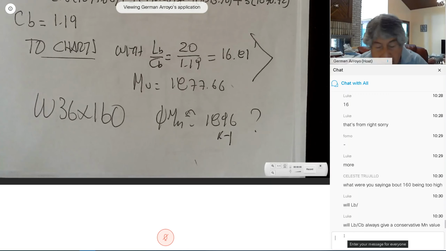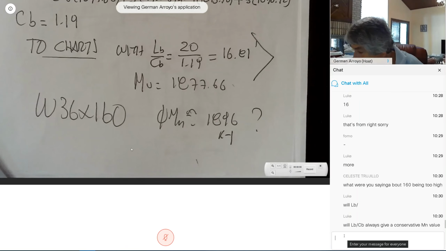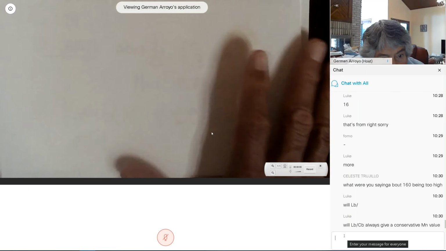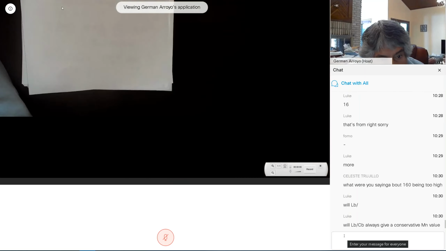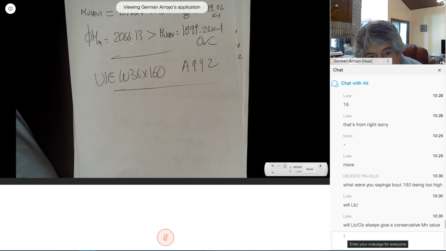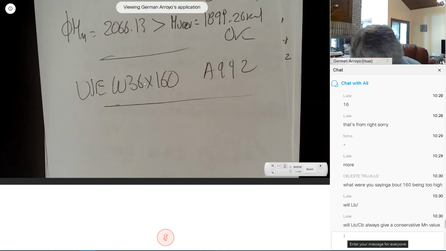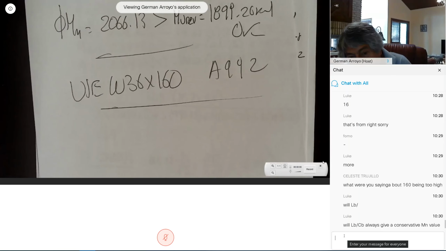If you compare the 1896 with the 20, it doesn't give you exactly what it gave at the first class, the first problem. But whenever we go to the chart with Lb over Cb and Mu, it's going to give us the answer.